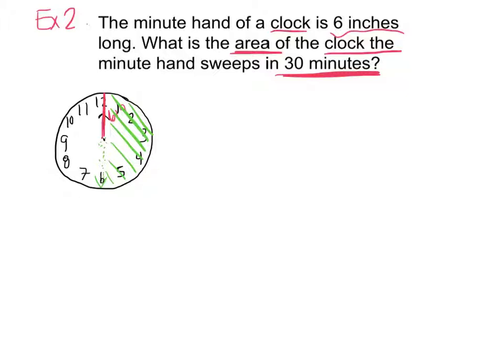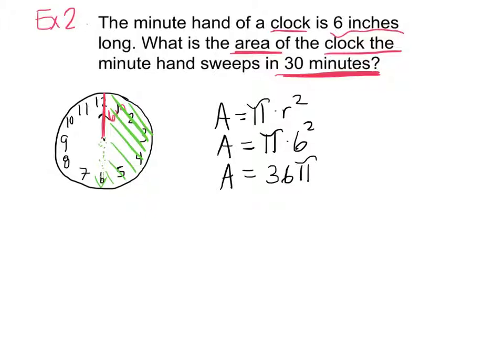So I'm going to start off with the area of a circle is pi times radius squared. And my radius was labeled as 6 inches, so this will be pi times 6 squared. So my area is 36 pi inches squared. You could approximate that by doing 36 times 3. On your test it might say, okay, that's about 108 square inches. But remember, this doesn't answer the specific question.